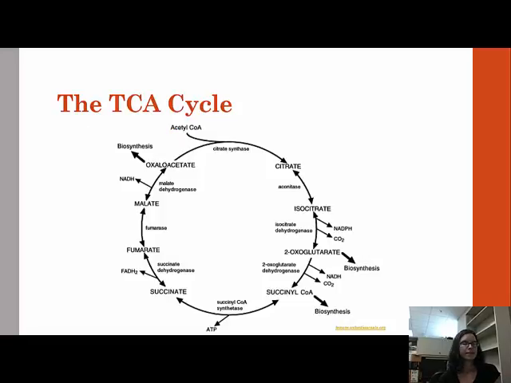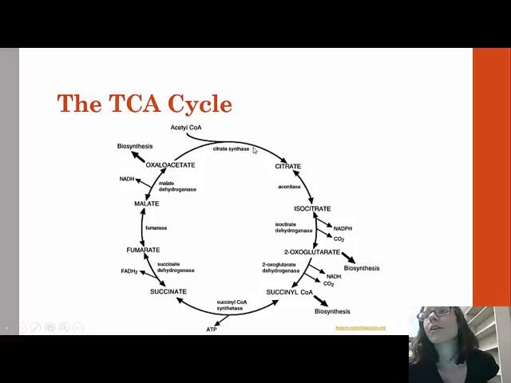So here is our beautiful TCA cycle. Again, we see acetyl-CoA here, which we need in order to enter the TCA cycle. And then we have a series of steps that it goes through.